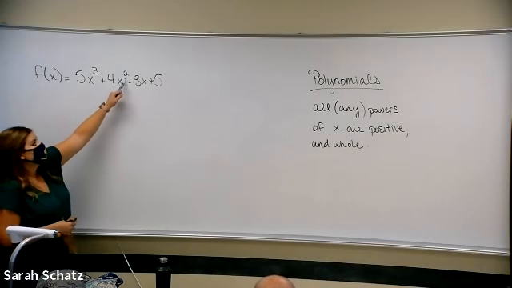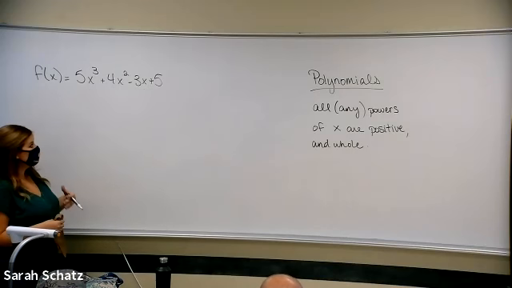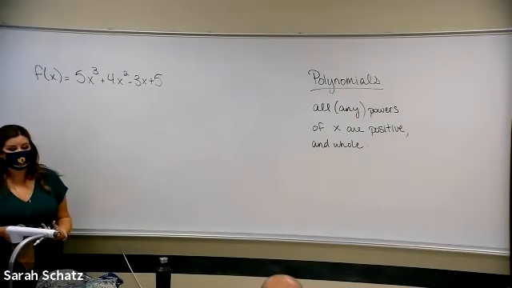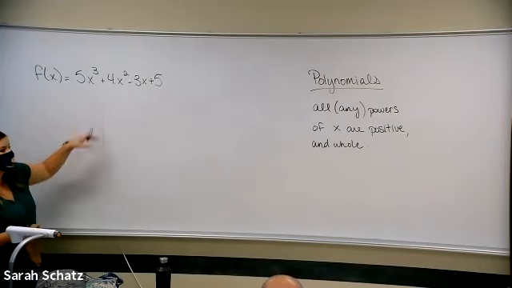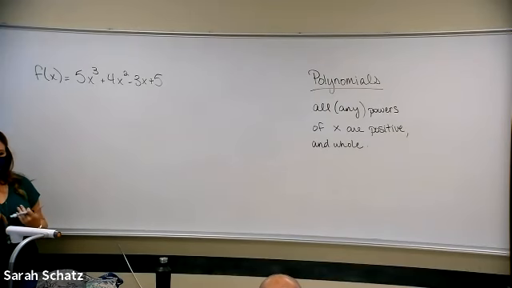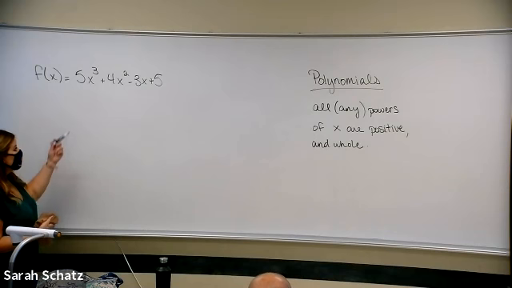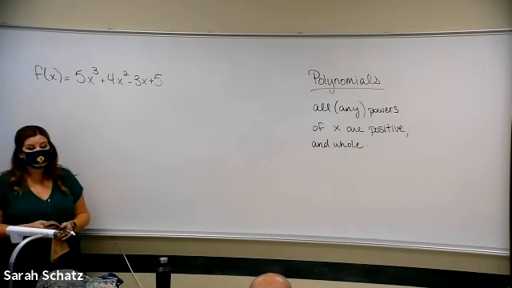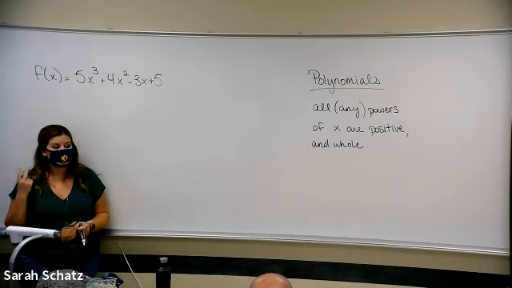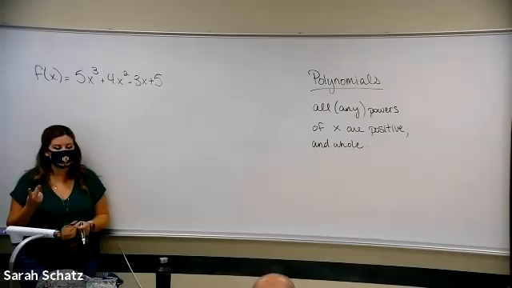I don't have any negative exponents, and I don't have any fractional exponents. So just by looking at this, I can say, yes, this is polynomial. What does that do to help me? Well, it means that the graph of this function will not have any holes, will not have any weird jagged areas or jumps, and it won't have any asymptotes.